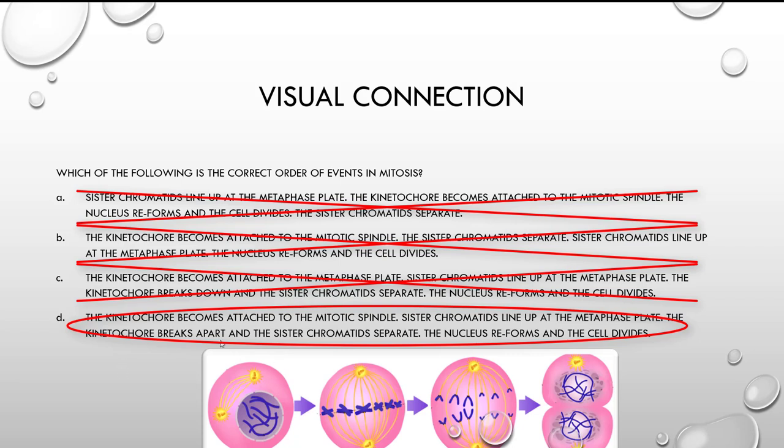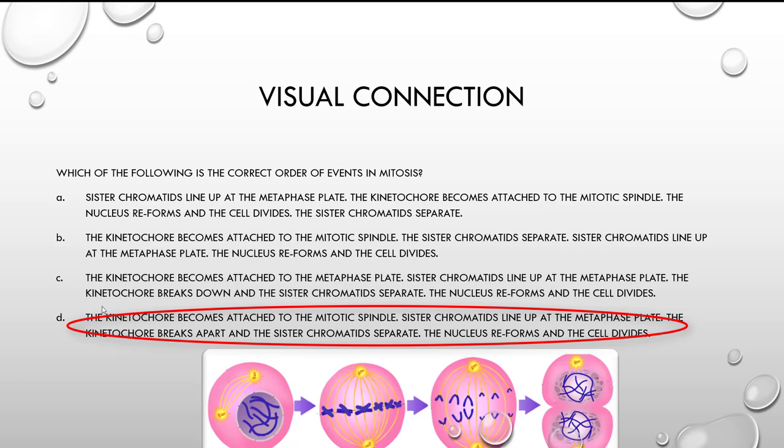So I think D is the correct answer. Even though it sounds kind of weird that the kinetochore breaks apart and the sister chromatids separate, I think they meant the centromere breaks apart and then they get pulled to opposite poles. So D would be the correct answer there.